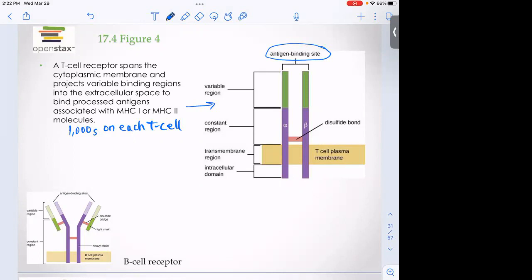They're both very specific, right? So the T cell receptors, we think, are made with that whole VDJ recombination, just like the B cell receptors. Okay, so very specific.